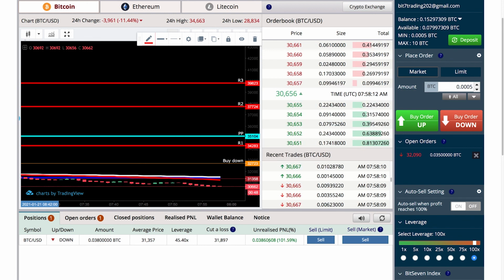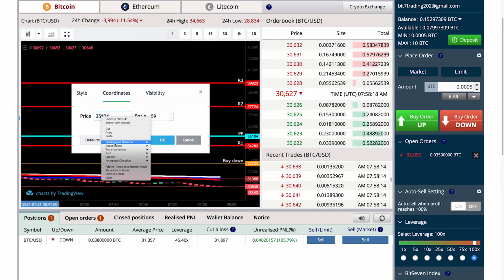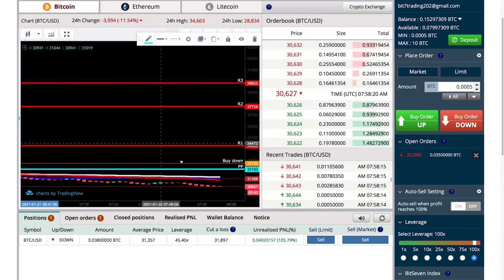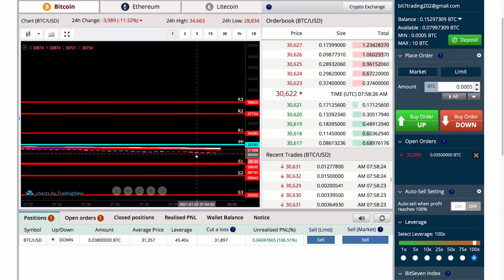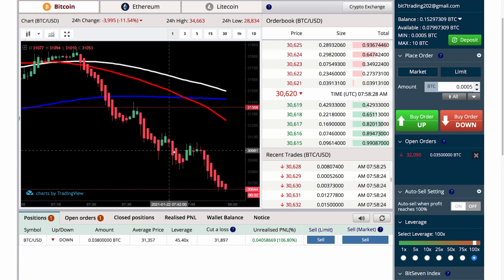Now we're up to 0.038 at 45.4 leverage. Up 0.04 in profit. Got my charts nice and clean now. Up 106%. Bang them again.